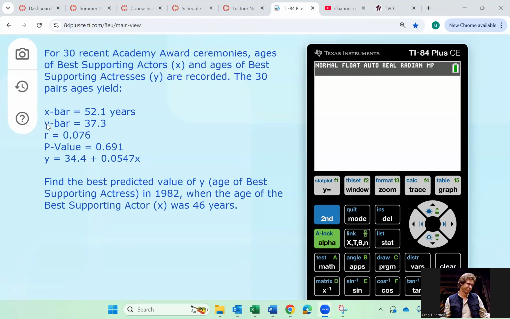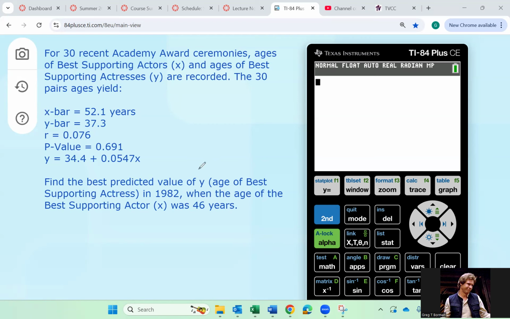So we have X bar, which would be the mean of the X's. The X's are the actors, and the Y's are the actresses. The mean age for the best supporting actors was 52.1 years old, and for the actresses, the women, was 37.3.